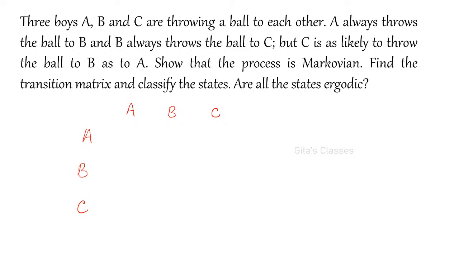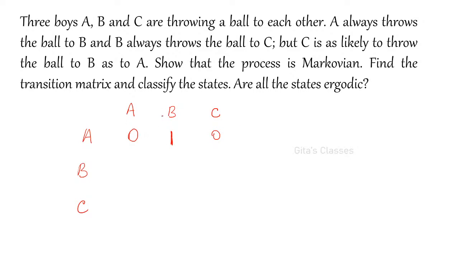A always throws to B only. If the ball is with A, he will always throw to B only. That means A cannot keep it himself. 1 is correct for all. And A never throws to C. Therefore, the probability is 0.